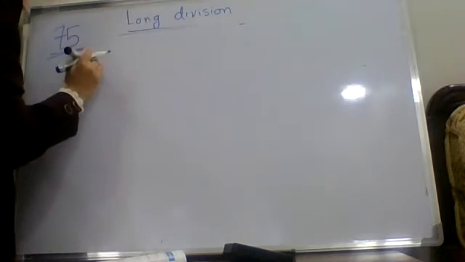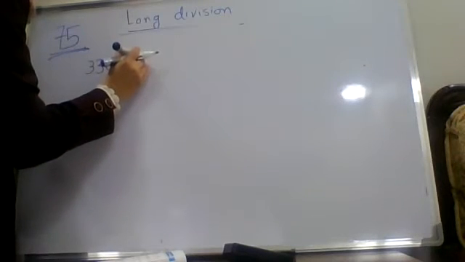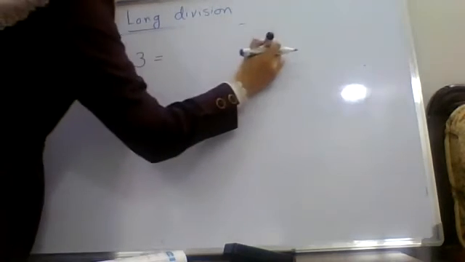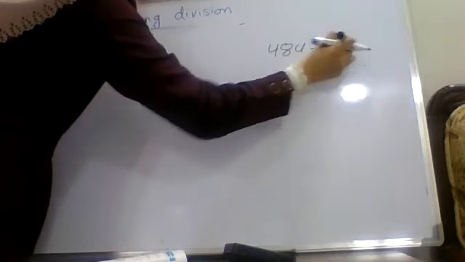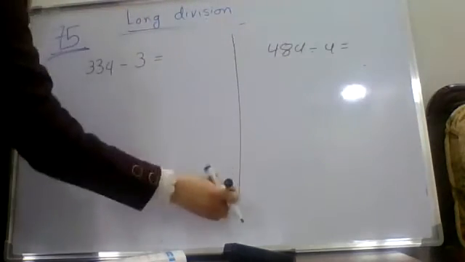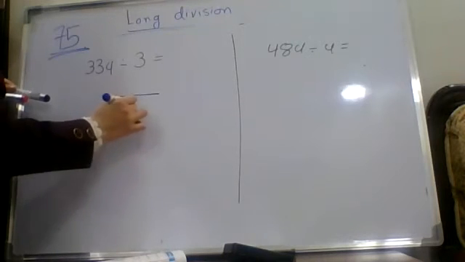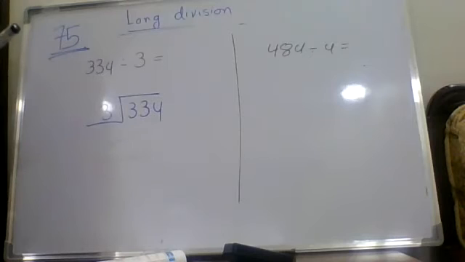We will do them both. 334 divided by 3, and I have 484 divided by 4. It's very easy. We will do the first one, long division for sure.